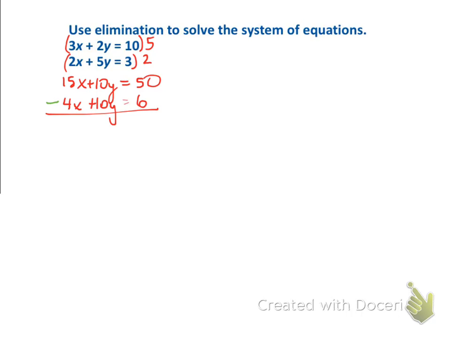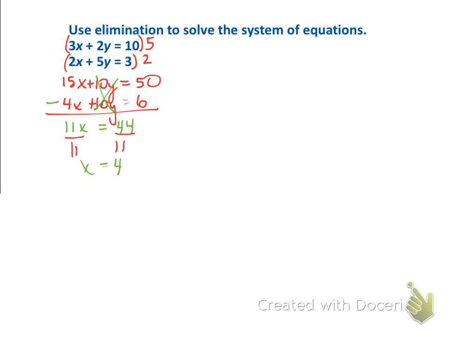That'll give me 15 minus 4 is 11. 50 minus 6 is 44. Divide both sides by 11. X equals 4.